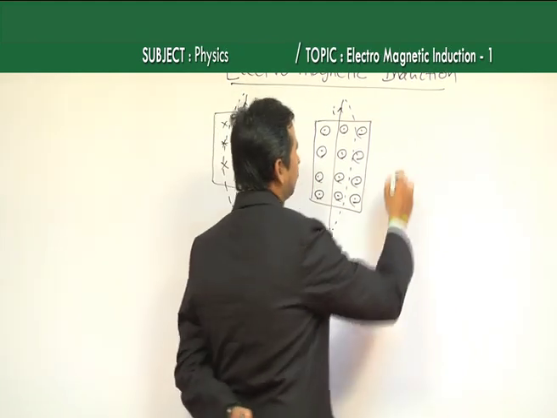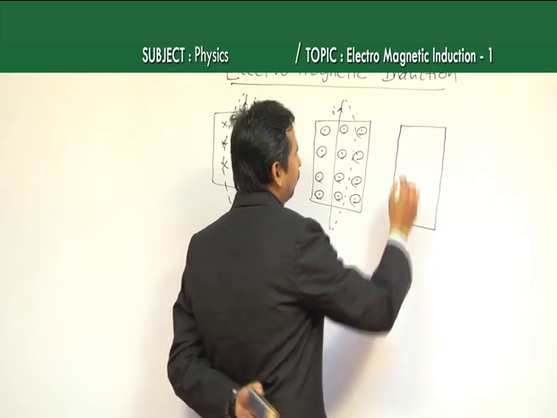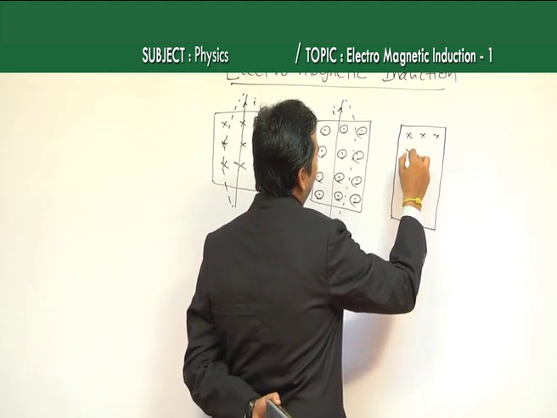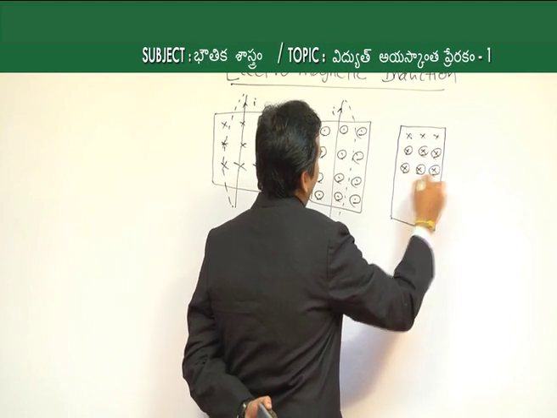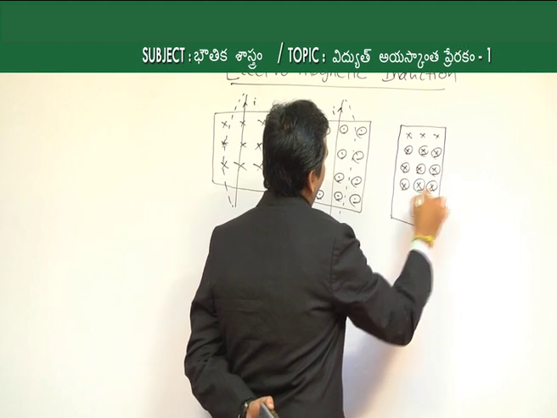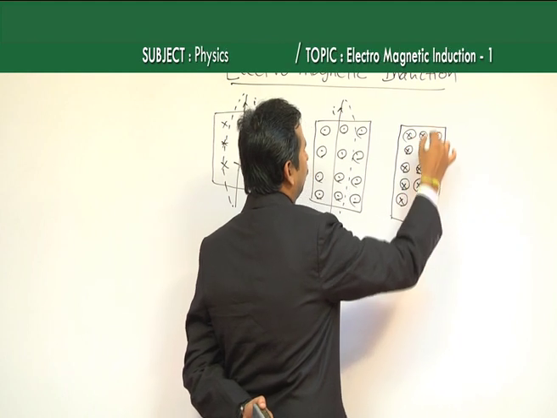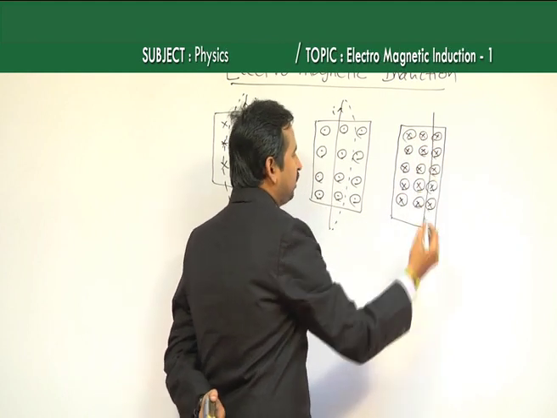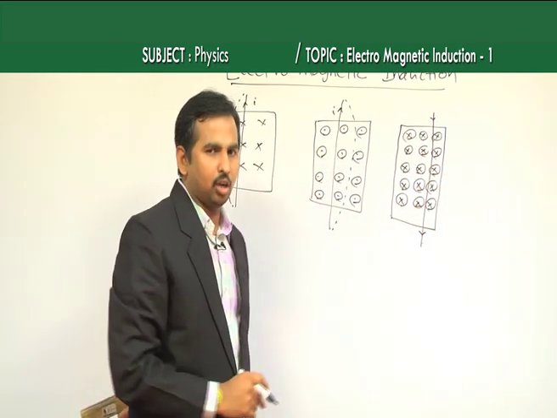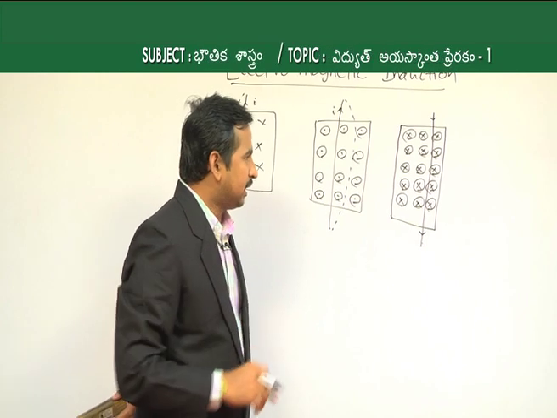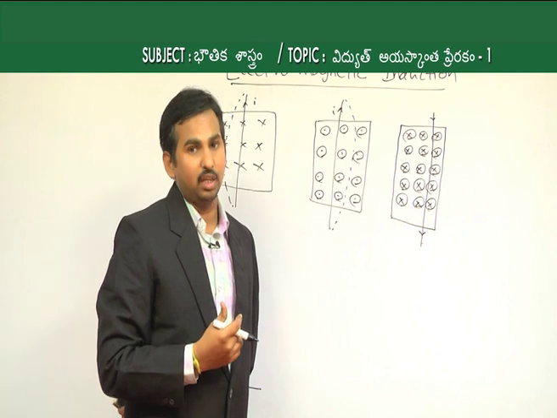Now we are taking the current carrying wire downwards, and again first into the plane, which we represent with the cross, like this. We are taking downwards, and again the magnetic field strength is into the plane.